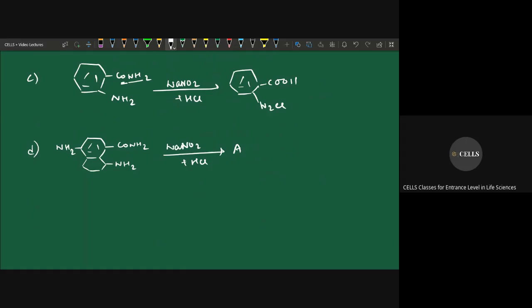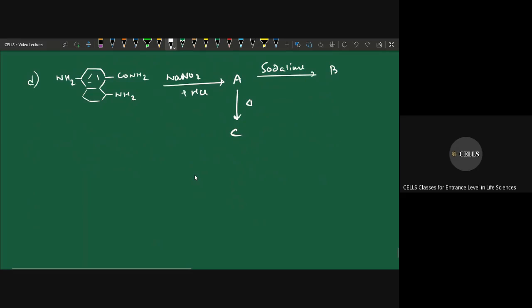We get product A. We give a heat treatment to get a product, suppose C, and we are giving soda lime to give a product B. Now just see what I am doing. Please write it in your copy, because as it is an online session, you cannot write the structures and tell me, or it will be too time consuming if I make you some 3 or 4 options. See this very carefully. I will give you some options for the questions. Don't worry.